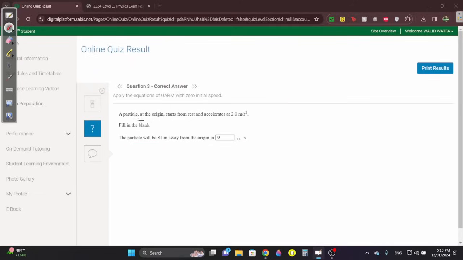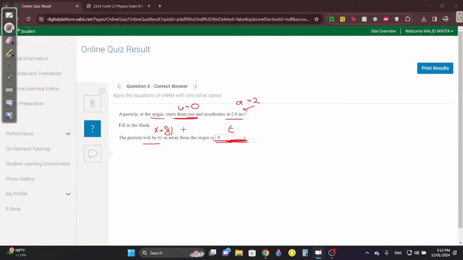Okay, this one, a particle at the origin starts from rest. Starts from rest means the initial velocity is 0, so u equals 0, and it accelerates at 2 meters per second squared. So they give you the acceleration equals 2. They say the particle will be 81 meters away at how many seconds? So they gave you x equals 81, and they want the time, t. Which formula?